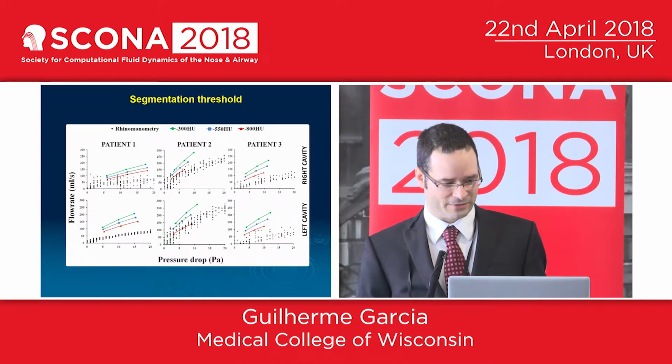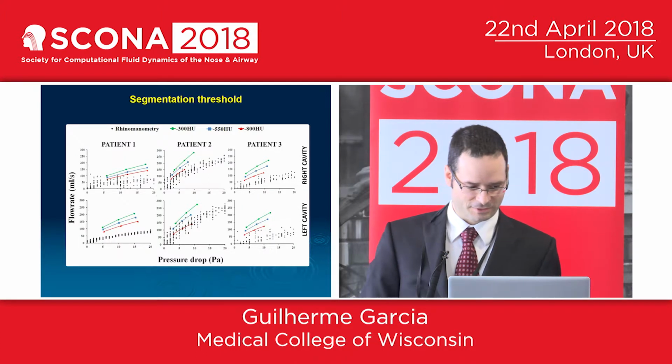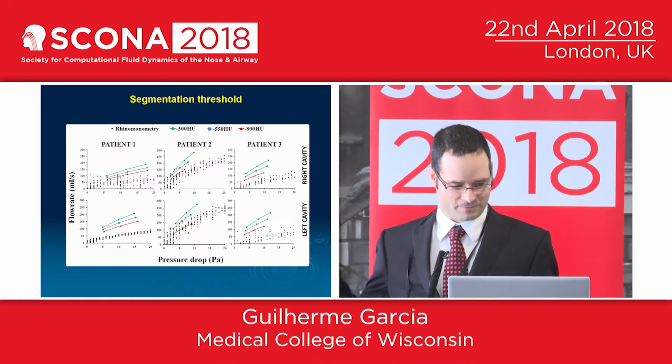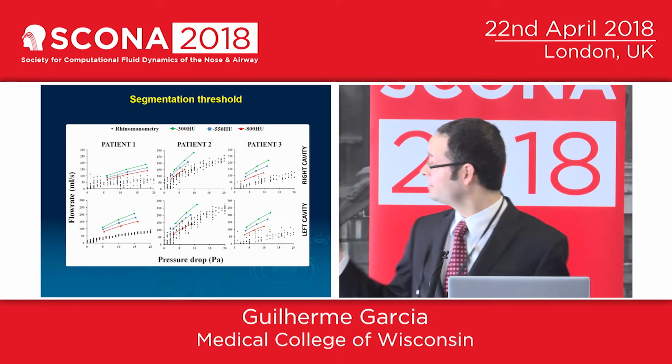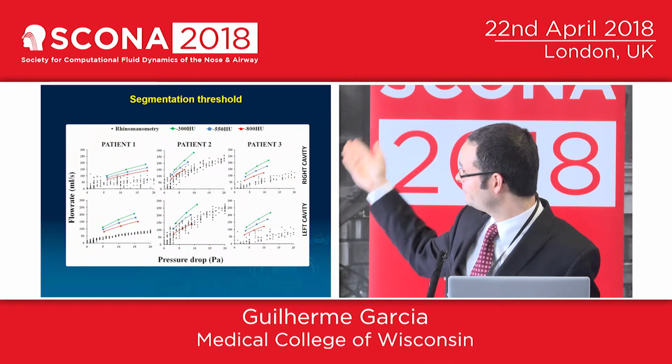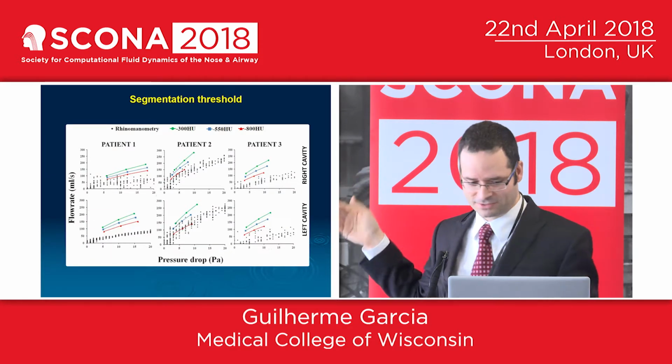This is now a comparison of the pressure flow curve with some rhinomanometry data in the left cavity on the bottom and the right cavity on the top for the 3 patients.